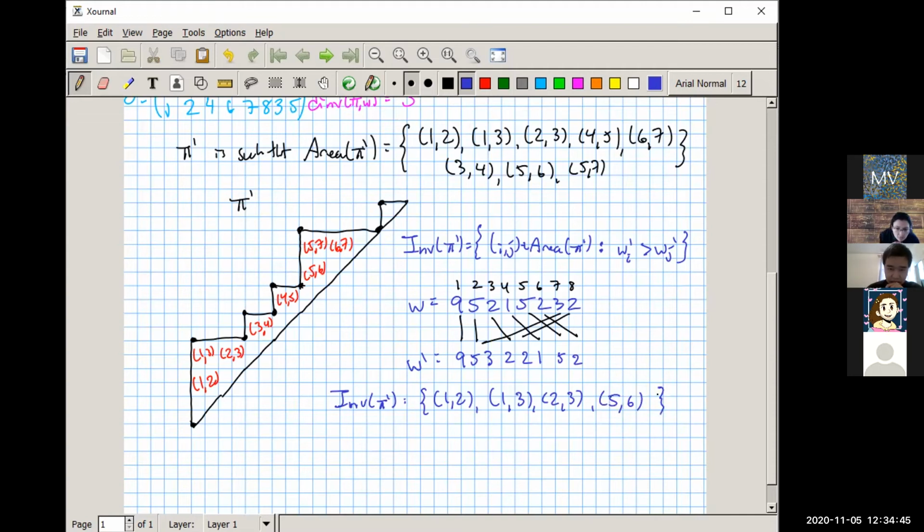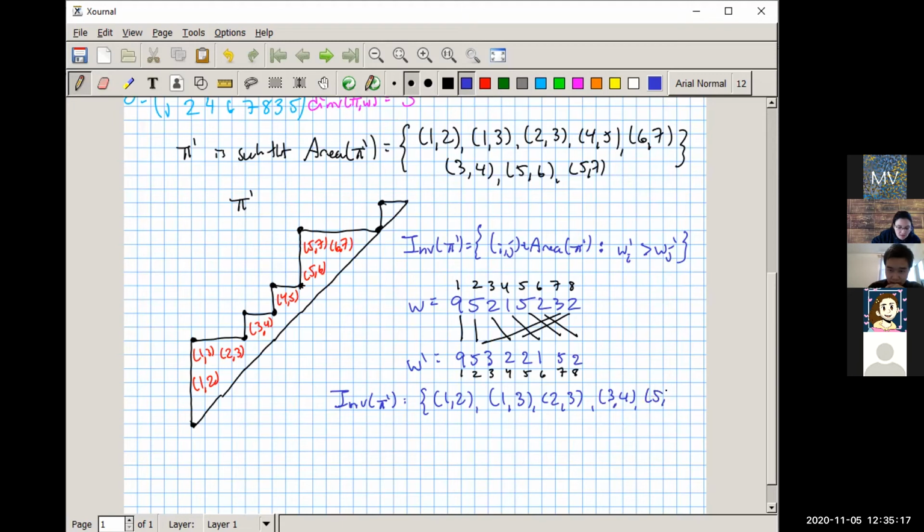You're missing one. I might be doing this backwards. You're shifted over a little bit, right? So 3, 4. This is bigger than 2. Oh, okay. So 3, 4, and 5, 6. Yeah, that's what I have too.